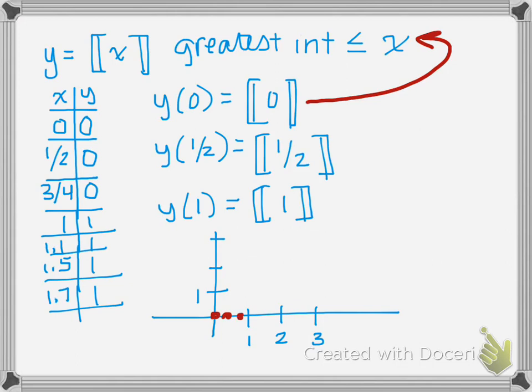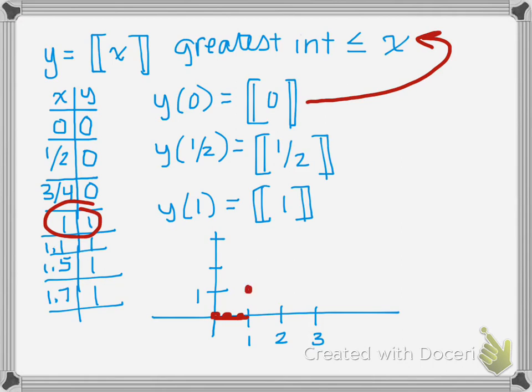So you see, if you look at my axis down there, I'm plotting the points in red, so they're all going to be red up until I get to 1. Then I'm not going to hit 1. At 1, so look at the table that I just circled there. At 1, I'm going to jump up to 1.